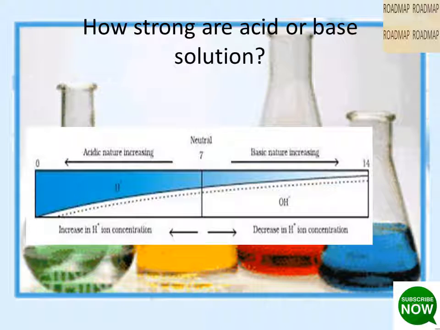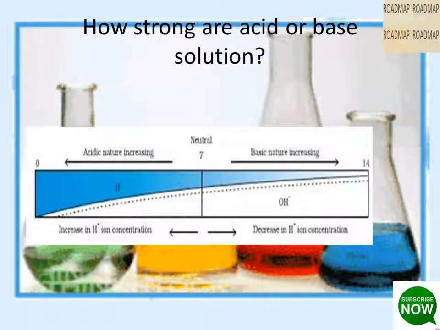So coming to the question, how strong are acid or base solutions? We know how acid and base react, and indicators can be used to distinguish between an acid and base. We have also learnt in our previous section about dilution and decrease in concentration of H plus or OH minus ions in solutions. Can we quantitatively find the amount of these ions present in a solution?